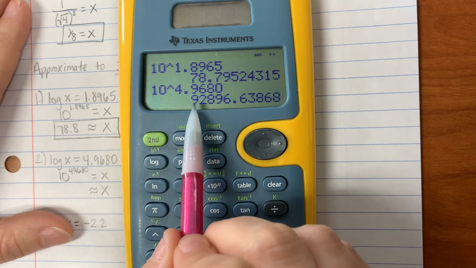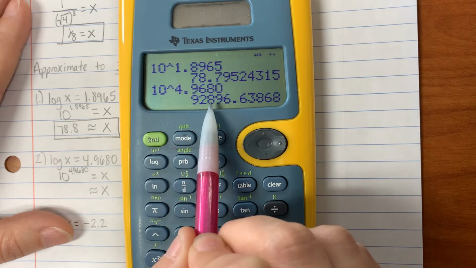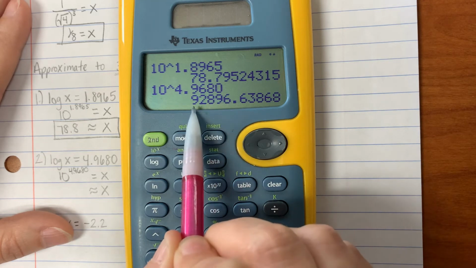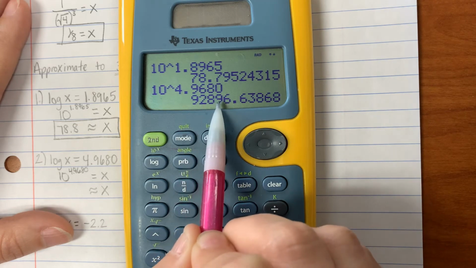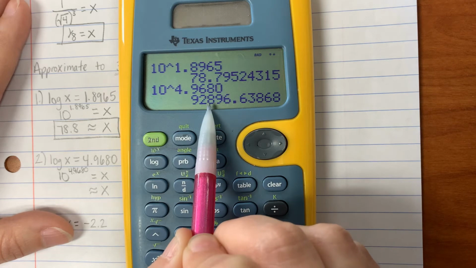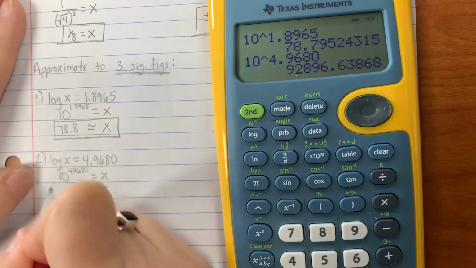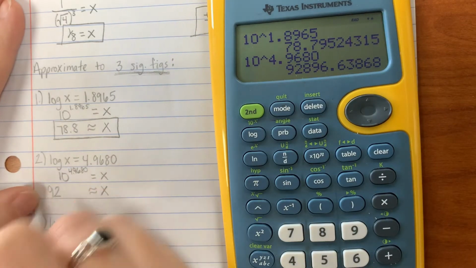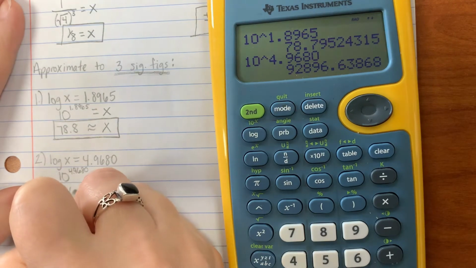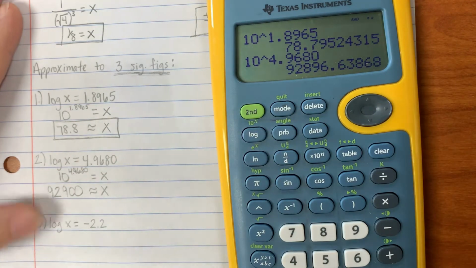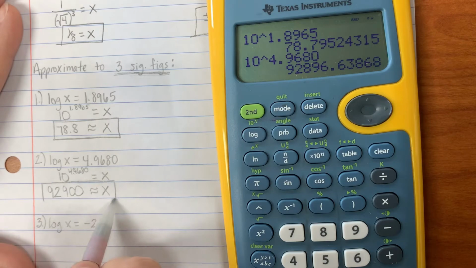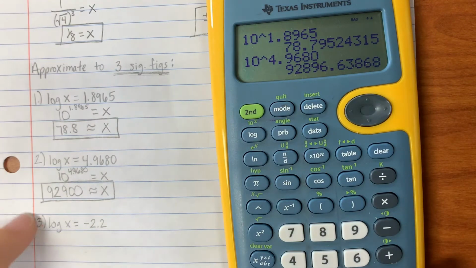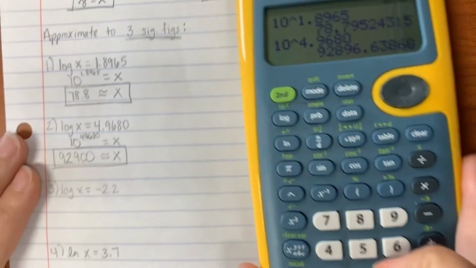So this gives me 92,896, but I only need 3 figures. So 9, 2, and then that would round up to a 9. So I'm just going to round this to 92,900, and I'm going to stop there. So 3 significant figures are right there, 929.